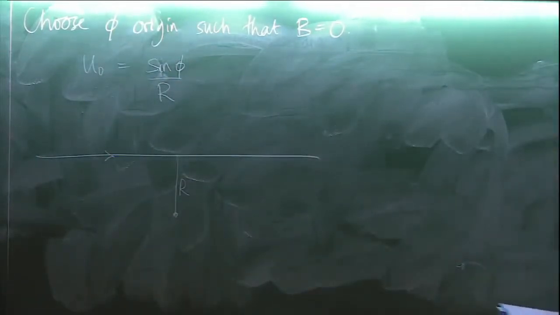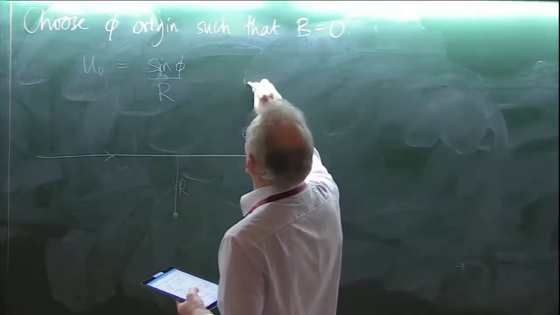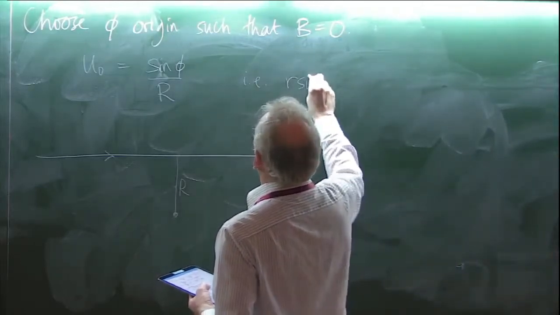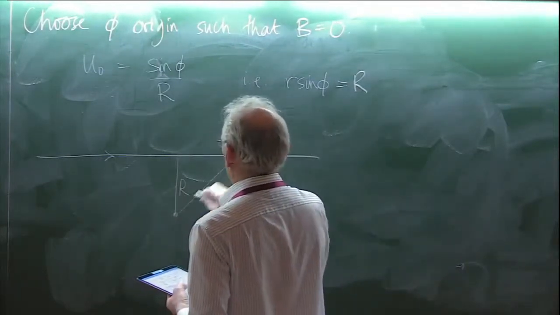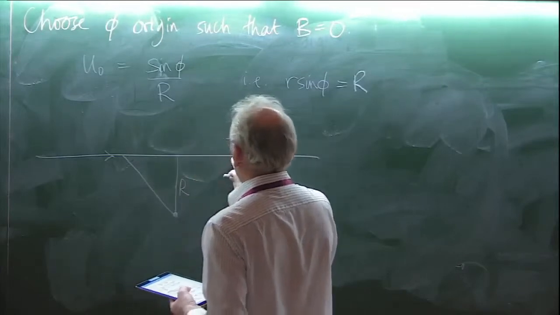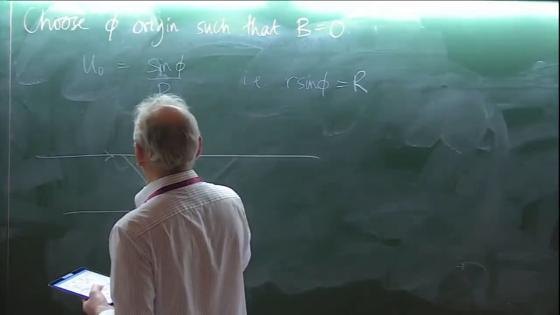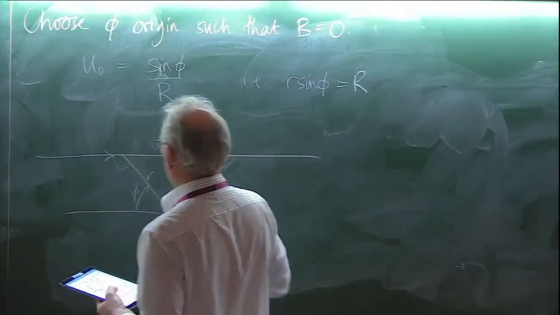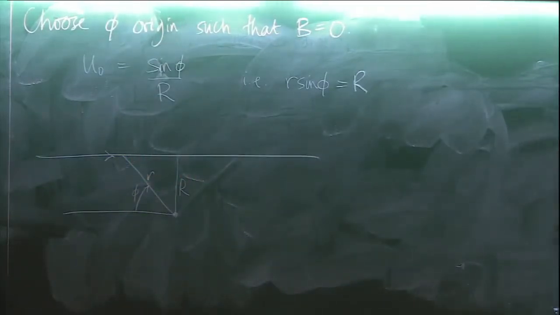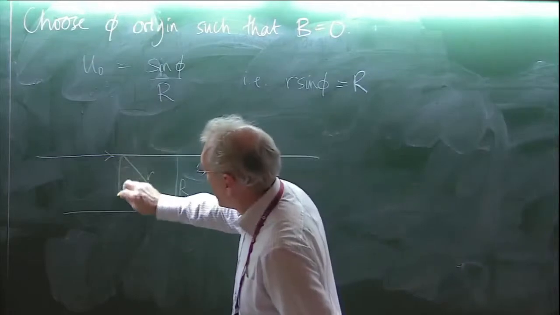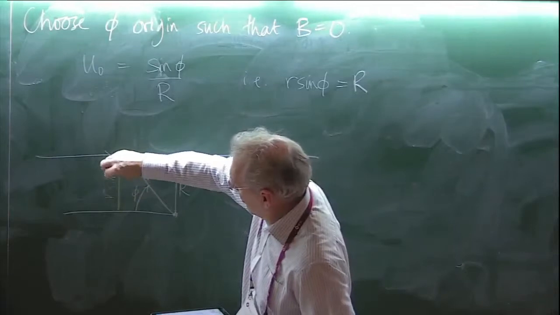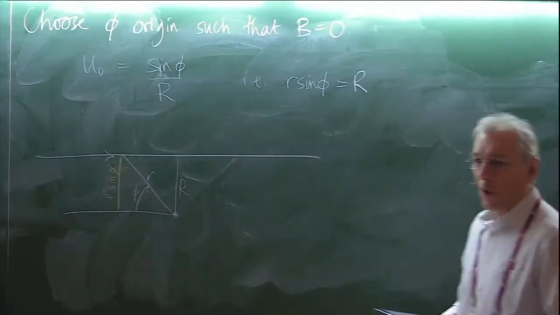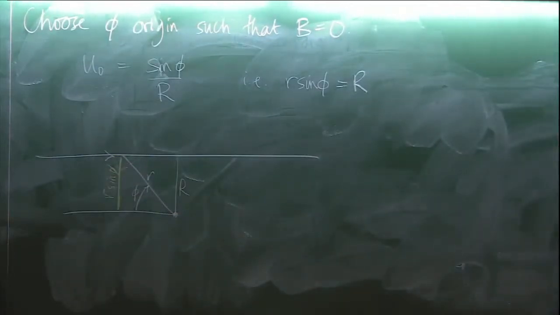u naught is equal to sine phi over r. So it's clearly a straight line with r sine phi being a constant. So the unperturbed solution, as we would expect, is just a straight line trajectory like this.